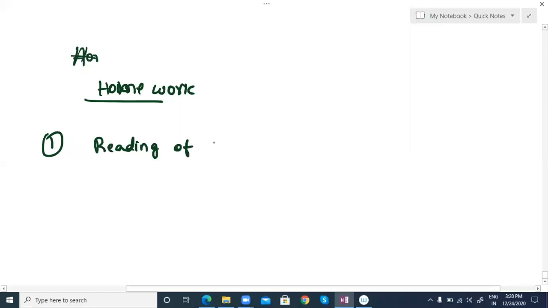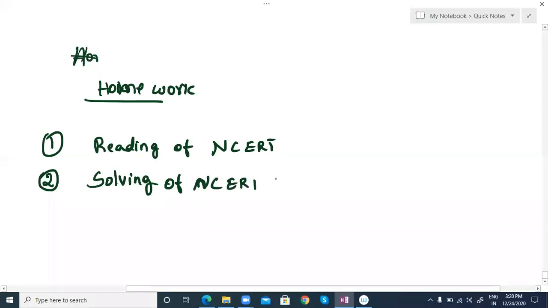Then solving of NCERT problems. Today I'm going to keep homework only from NCERT books. Solving of NCERT problems. Clear?